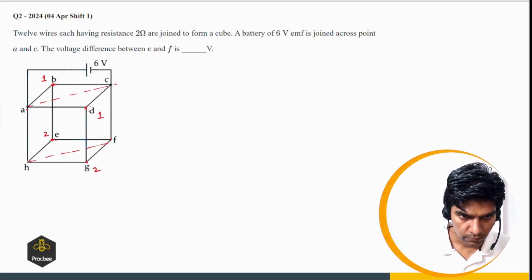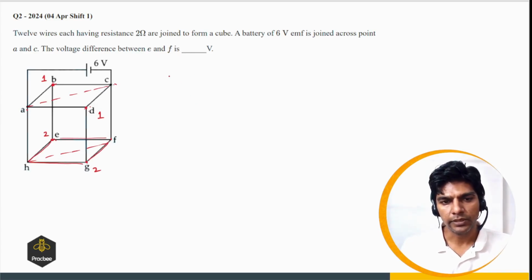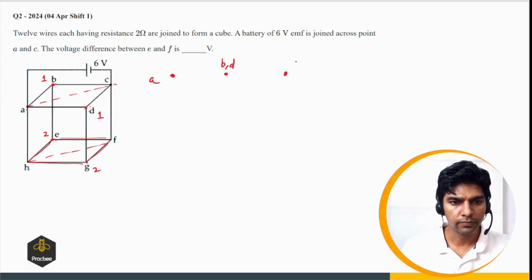Similarly, this will become parallel to this, and this resistor will become parallel to this. Let me draw the circuit. So we can say this is A, here we have BD, and here we have C, here we have EG, and this will be H, and here we have F.